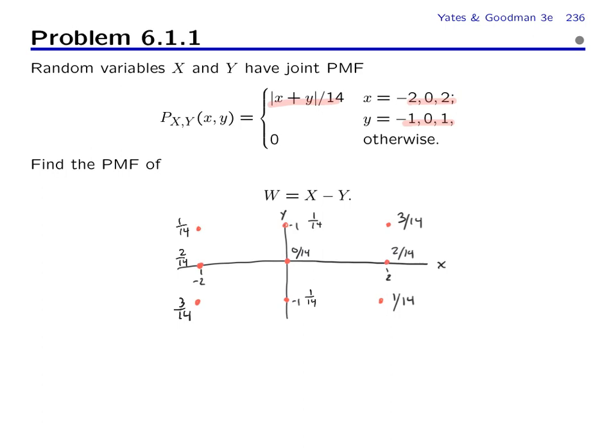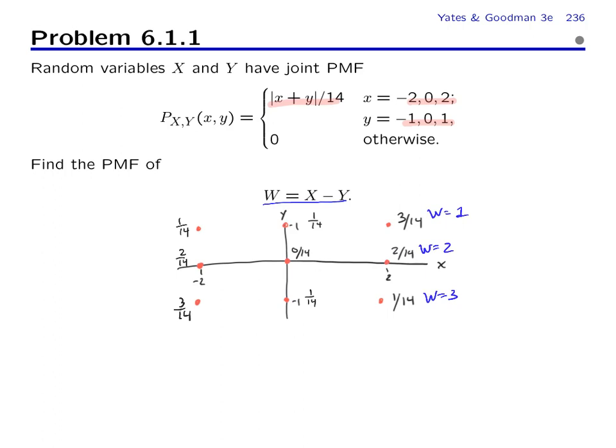The next step is to label each of these points with the value of w equal to x minus y. So for instance, in the upper right-hand corner, x is equal to 2 and y is equal to 1. So x minus y is w equals 1. And the next point here, w is equal to 2. And now when x is 2 and y is negative 1, w equals 3.